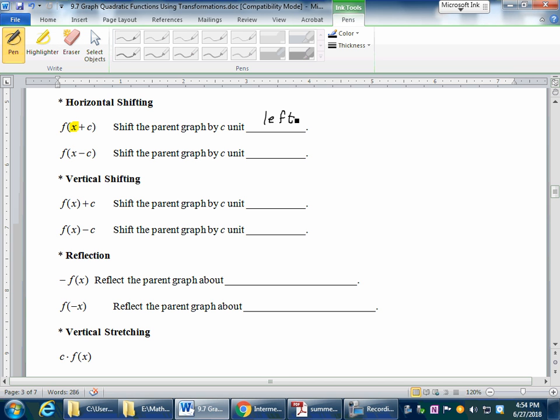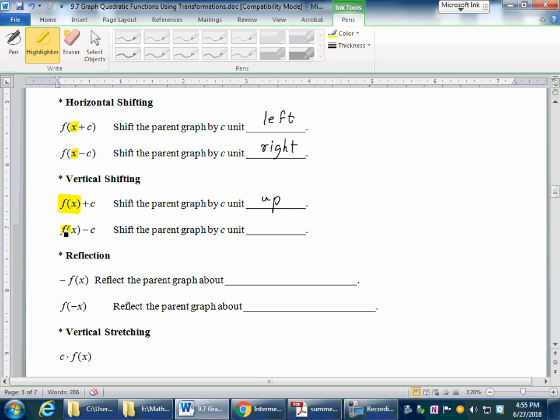If your x coordinate is subtracted by a number, then the parent's graph is going to be shifted to the right, c units. If your y value, which is the function, is added by a number, then the whole graph is going to be shifted up c units.